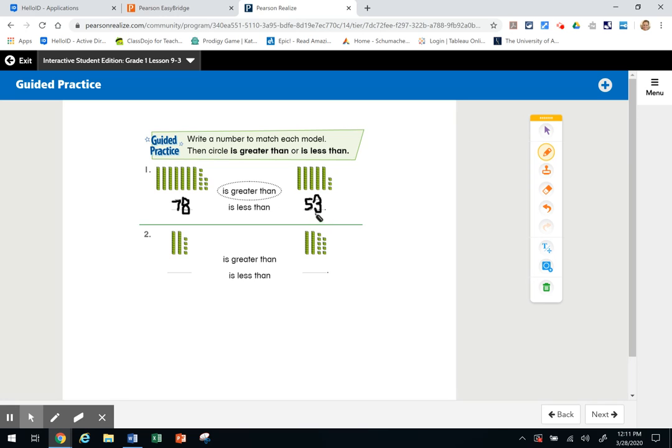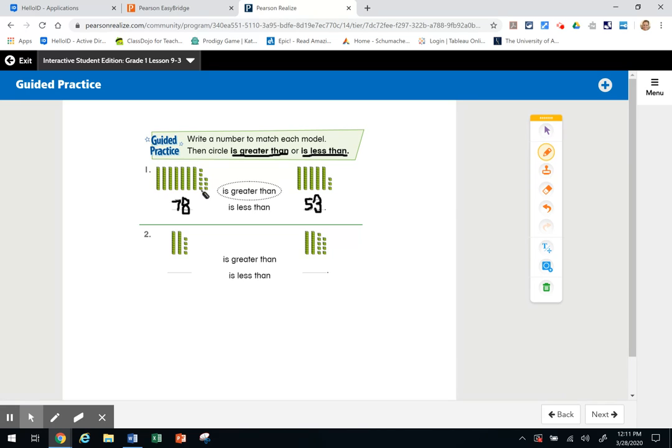Okay, so now that we have our two numbers, let's go ahead and compare them. We want to find out whether 78 is greater than 53 or whether 78 is less than 53. So let's go ahead and look at our tens place first. So we have 7 groups of 10 and 5 groups of 10. Okay, so obviously 7 is the bigger number.